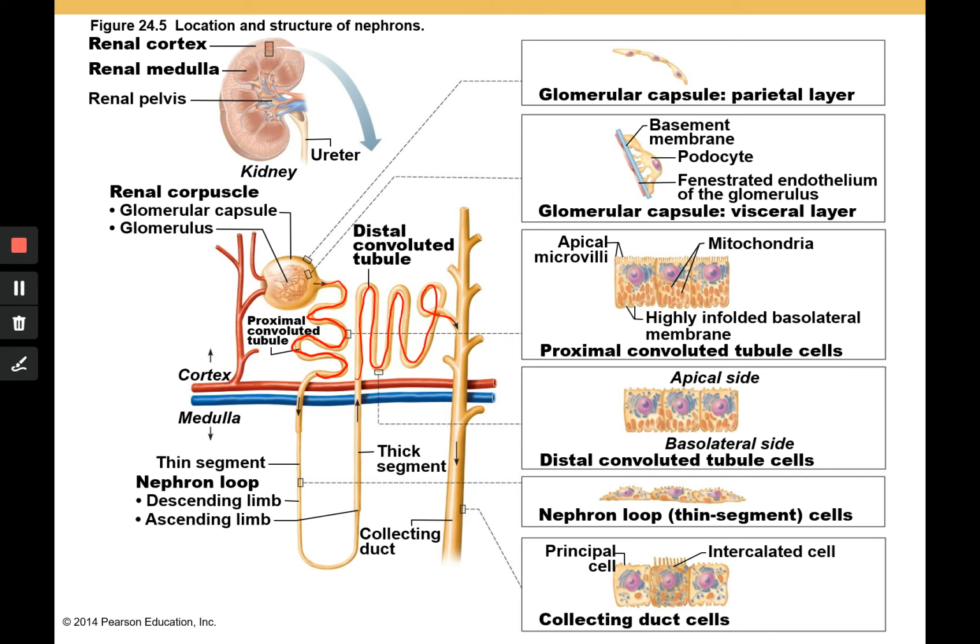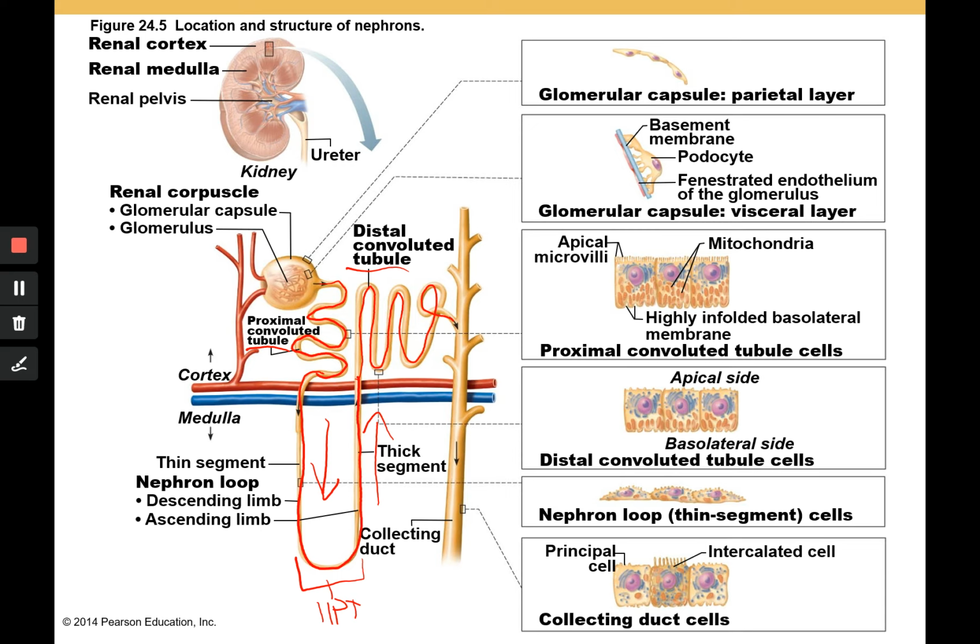Then in between the proximal and distal convoluted tubule is our loop of Henle, or sometimes just called the nephron loop. Now we have a descending limb and an ascending limb of the nephron loop. And then down here at the bottom, we have a hairpin turn.